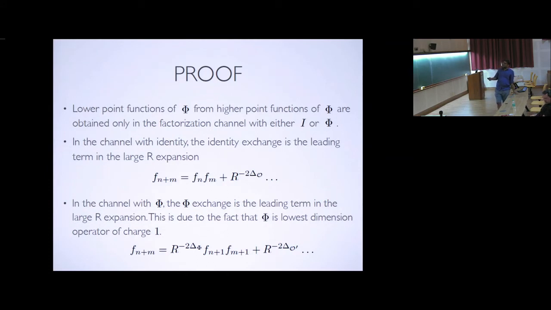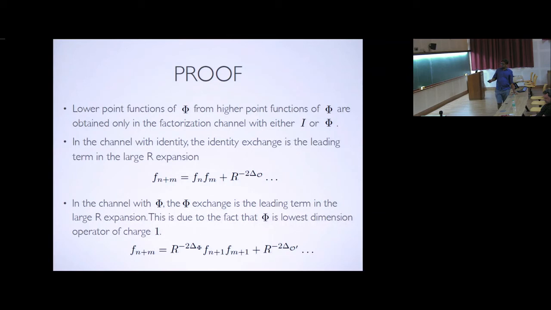Now in the identity exchange, the given CFT has this type of expansion, which is cluster decomposition. This is the piece where you have identity plus some higher order pieces in 1 over r. The crucial point is that this is the leading piece in this expansion.